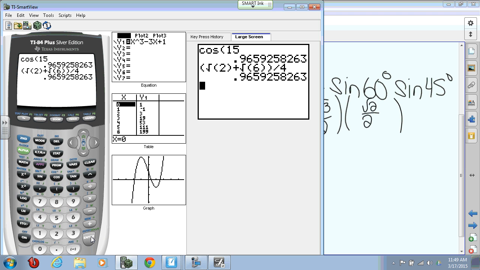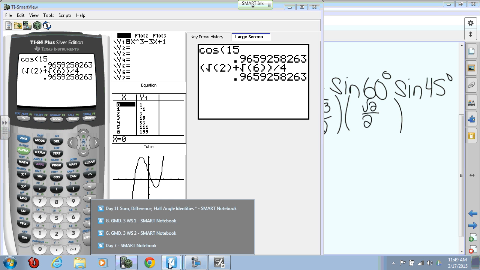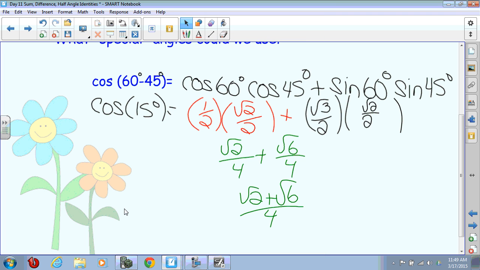Get the same exact thing as cosine 15 degrees? Yeah. We did. But we have it as the exact value, and that's what you need. That's why we have to use the sum or the difference of functions. I always check. You know me. Question on that process?